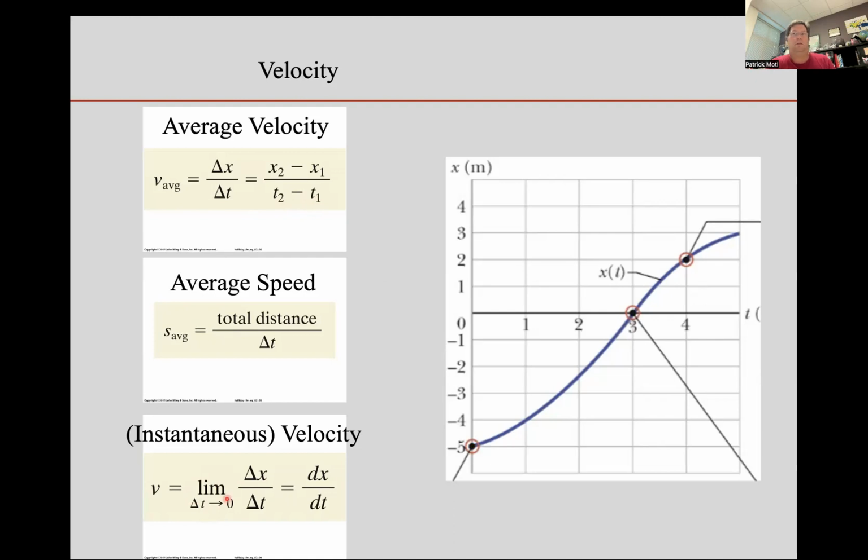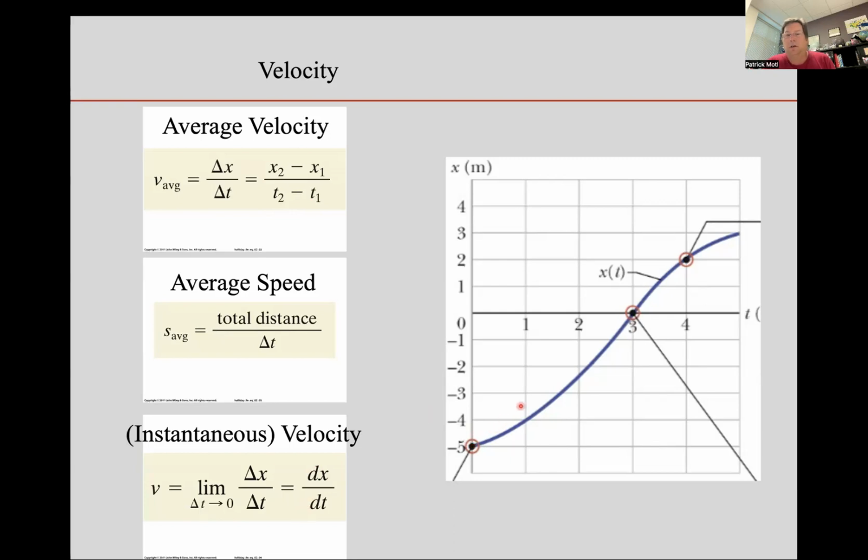Technically, it's the instantaneous velocity, but we're going to use it so often that we just drop the word instantaneous and call it the velocity. The velocity is the first derivative of position with respect to time.